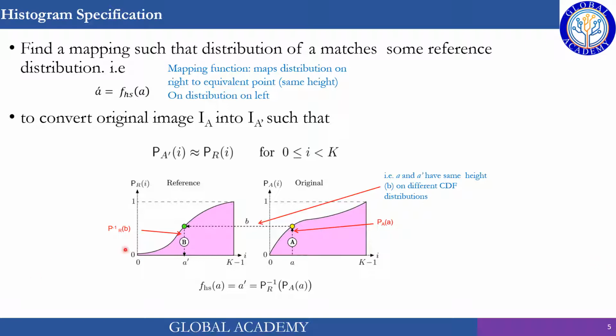So in short, we have the cumulative distribution of the original image and the cumulative distribution of the histogram of our choice.